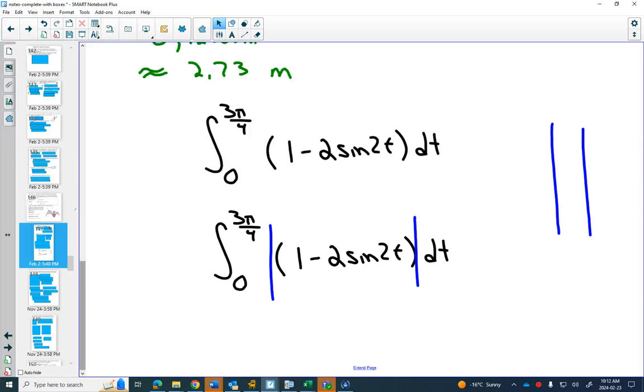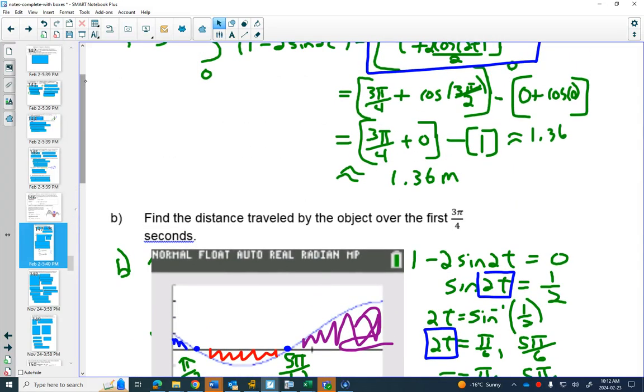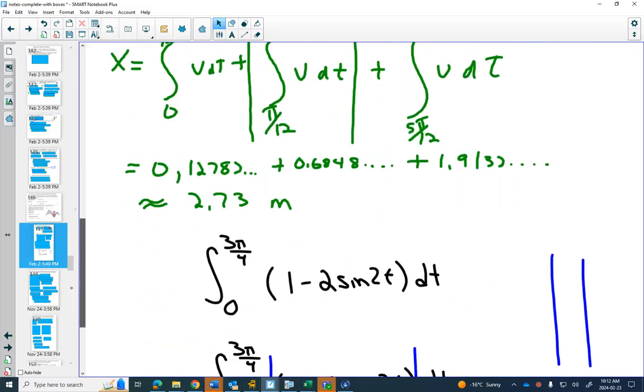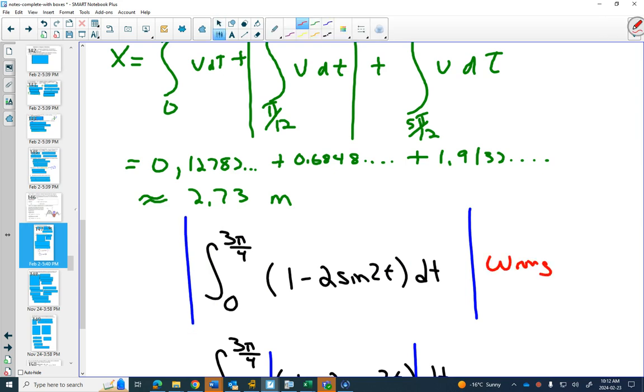So let's say this displacement, which we figured out in part A, was 1.36. You are 1.36 away from where you started from. By putting the absolute value bars around the outside, which is wrong, you just make your displacement positive. It doesn't actually calculate your distance.